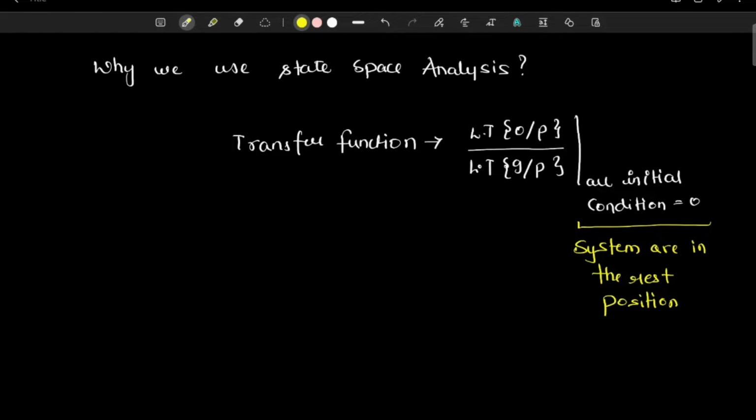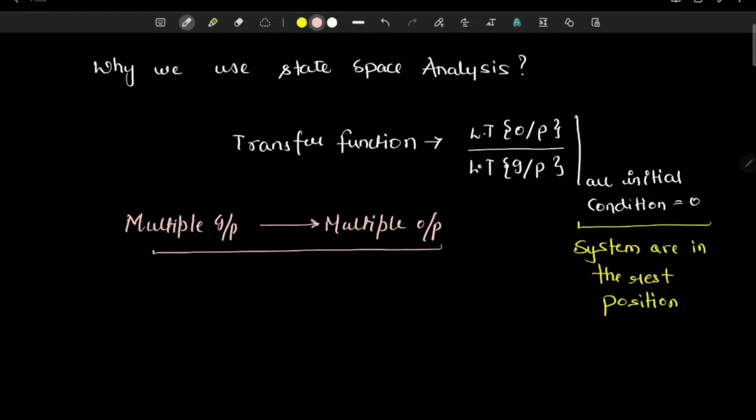But what about multiple inputs and multiple outputs? If we talk about multiple inputs which give multiple outputs, can you tell that in such a system the initial condition is 0 or your system is in rest position?